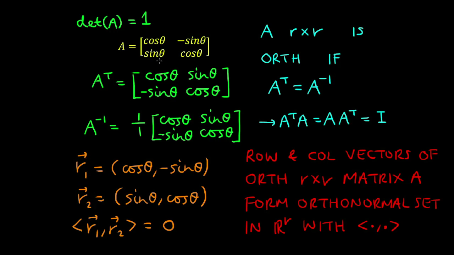And you'll get the same result for the column vectors. So the row and column vectors of an orthogonal square matrix form an orthonormal set.